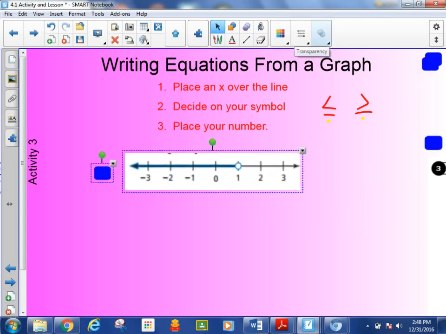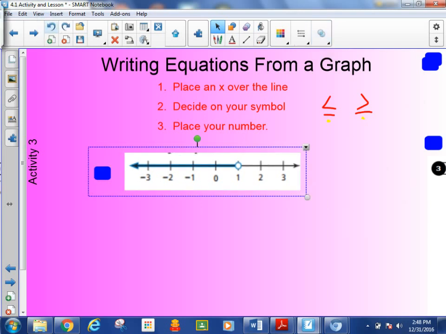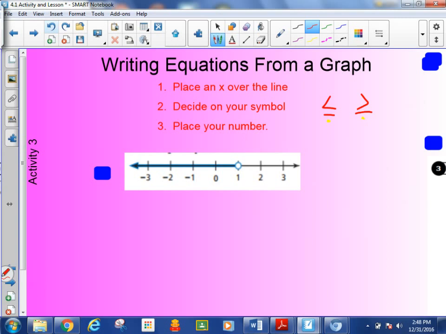Okay, so here we have an open circle. So we're going to be changing up our symbol. Instead of having the line underneath, we're going to pick one of these two. For the open circle, this was the filled in circle. Okay, so we know it's going to be one of these two. Okay, so our number is -3, and I'm going to use M this time just for something different.